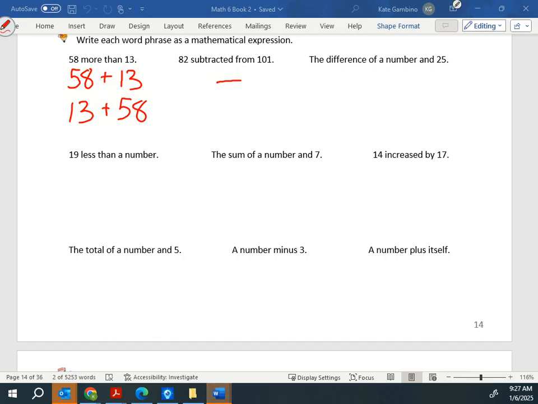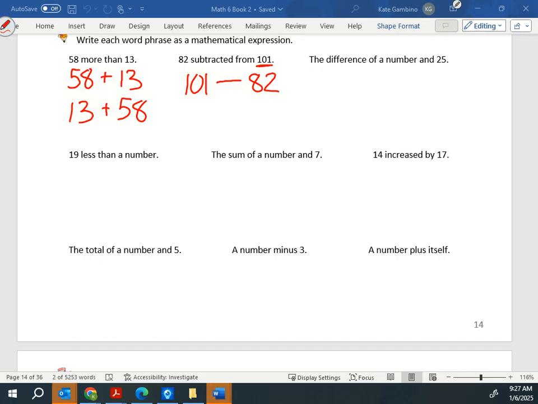What am I putting as the first number? The big one, 101, because I subtracted from 101, and I'm subtracting 82 from it. So remember that subtracted from, I put a star. You have to take that second number and put it first. It's not always going to be the big number, right?